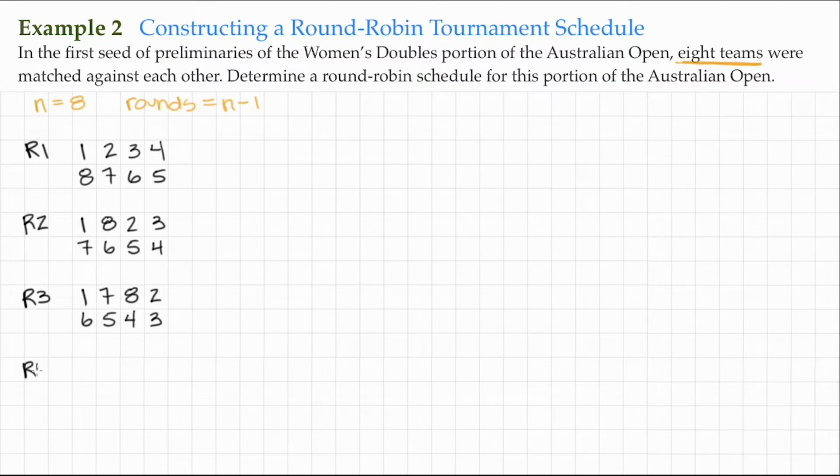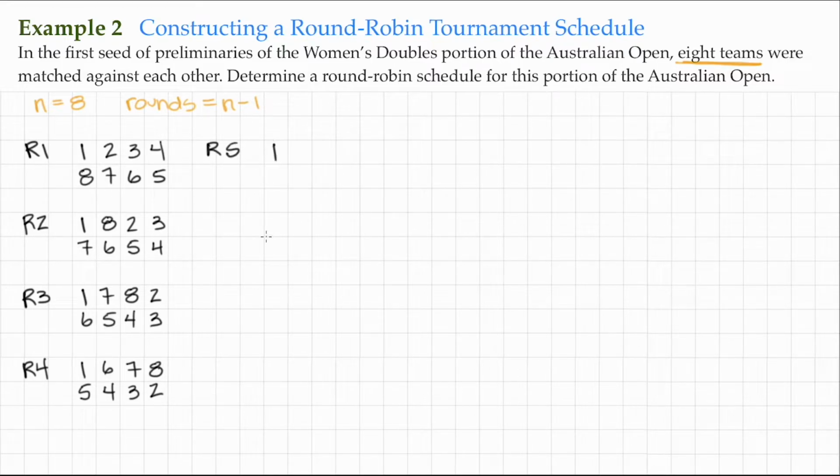Here's round 4. Our anchor team, 6, 7, 8, already listed half of them. Come back around, 2, 3, 4, and 5. I'll continue up here. Here is round 5.